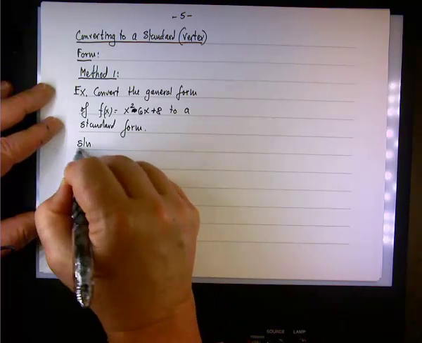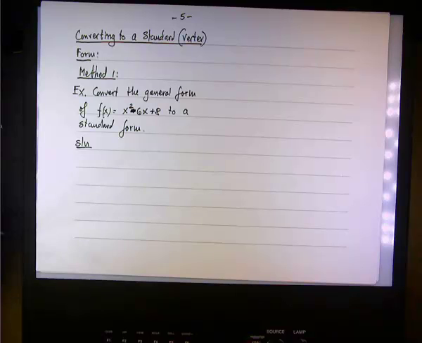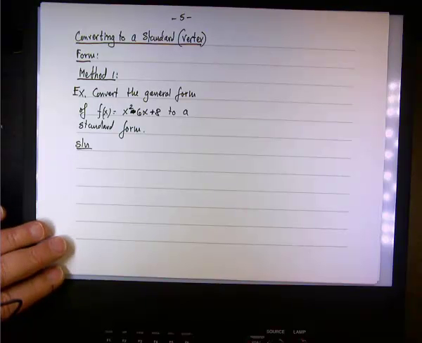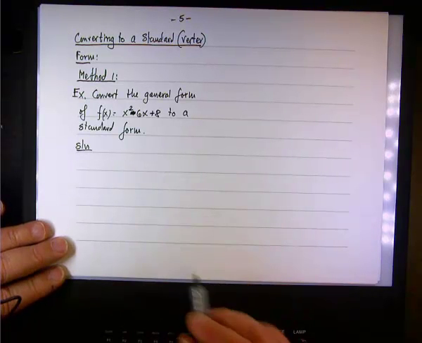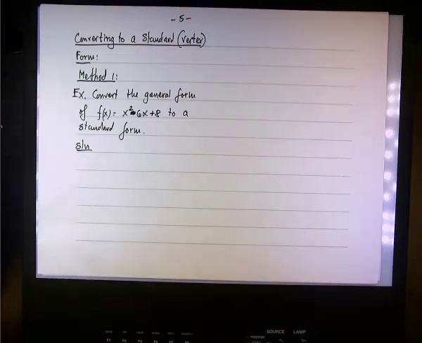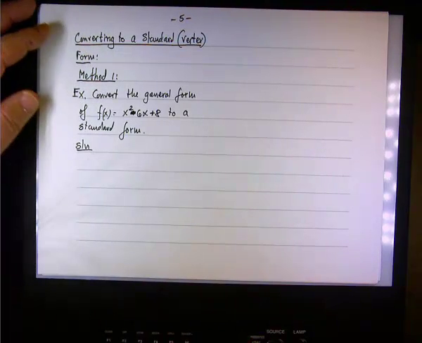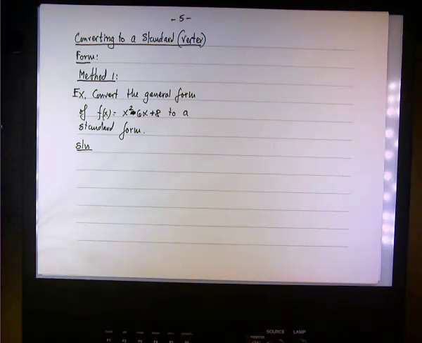Okay, the solution. Let's recall from what you learned before. I need to find the vertex. So the first step is to find the vertex. Well, the vertex lies on the axis of symmetry, right?